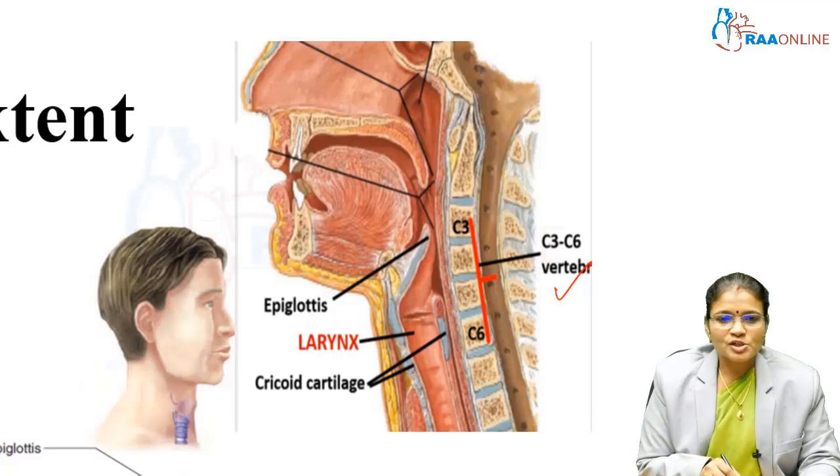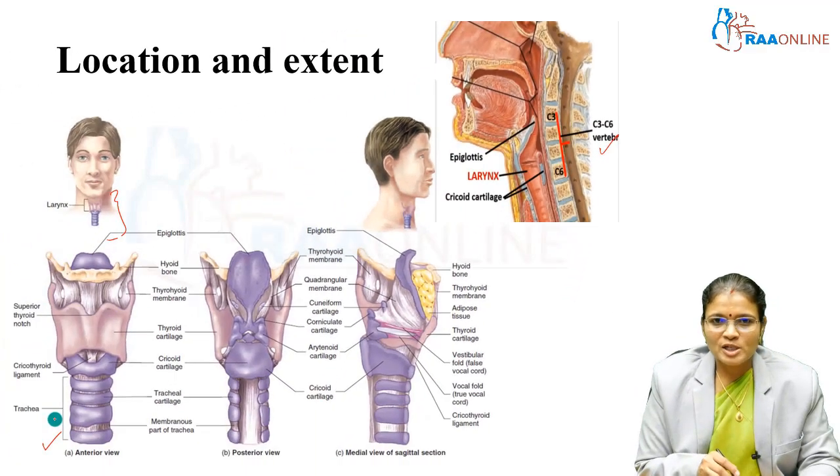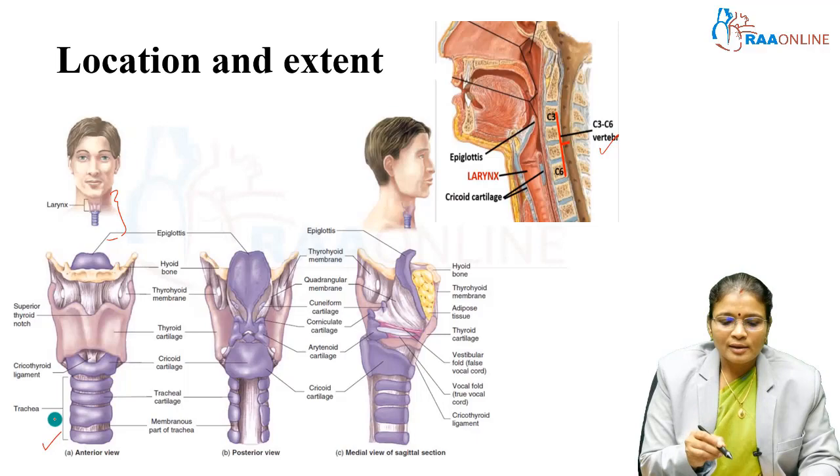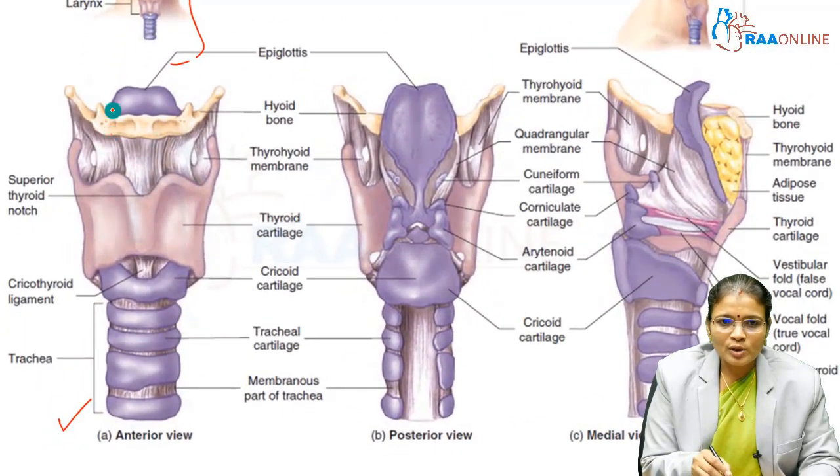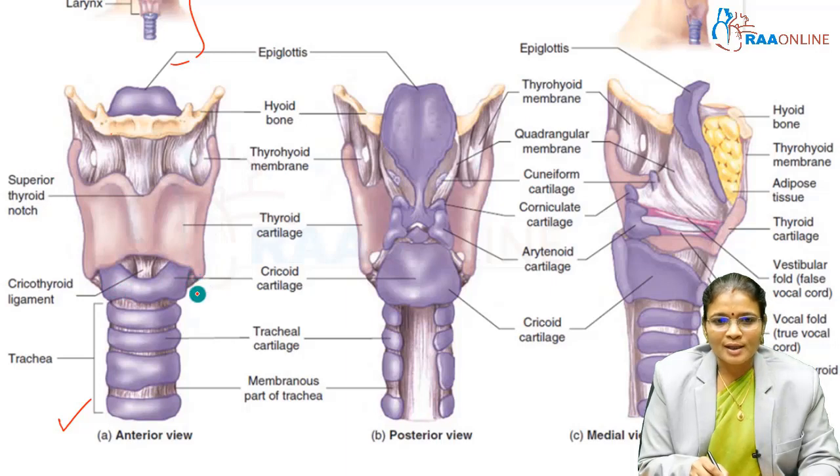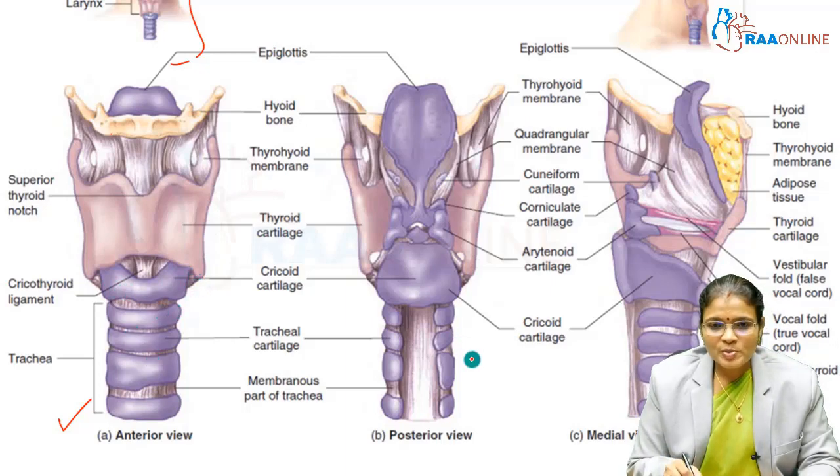This picture shows the anterior aspect of larynx, and this is the hyoid bone, and the rest of the structure is called larynx. Below the cricoid cartilage, the larynx continues as trachea. This picture shows the posterior view of the larynx, where you can visualize the epiglottis, the thyroid cartilage and the arytenoid cartilage, and I'll tell you what these cartilages are.